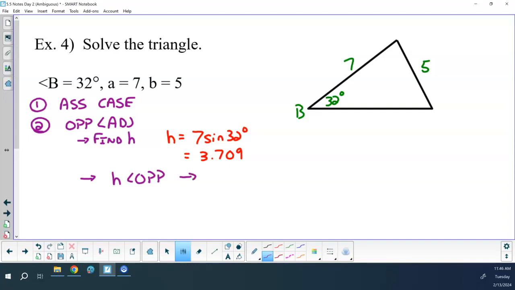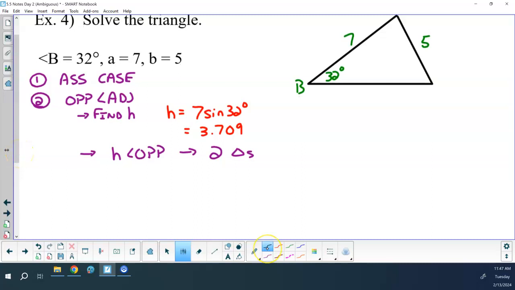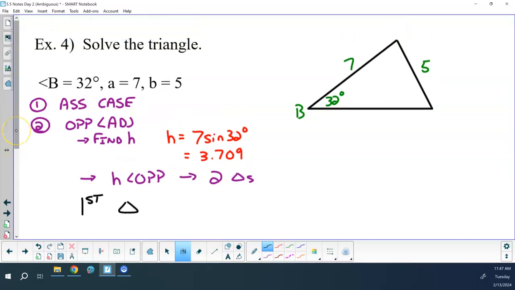which means two triangles get formed. Okay? You just knew. All right, here we go. So, first triangle. Actually, let me just bring this down.